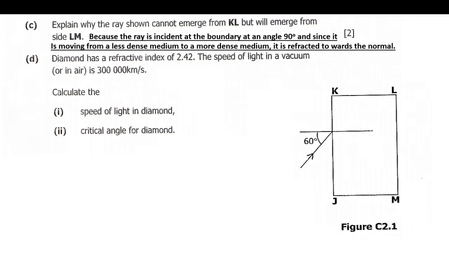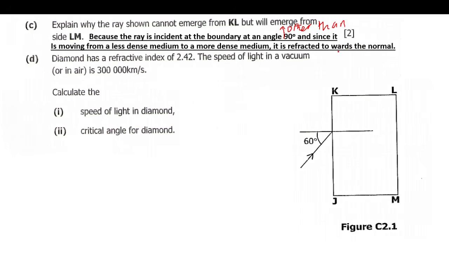Other than 90 degrees. This is supposed to read that because the ray is incident at the boundary at an angle other than 90 degrees, and since it is moving from a less dense medium to a more dense medium, it is refracted towards the normal.